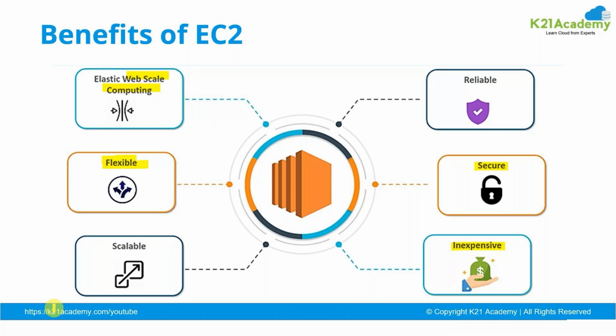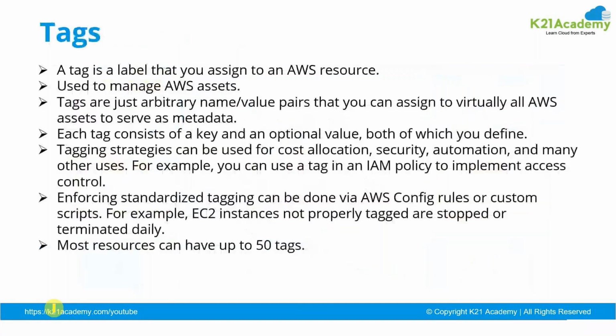Then you will be required to procure the operating system, a rack to keep it, then you need a data center. All those maintenance tasks will be required. But if you take EC2, you are freed up from all these burdens. That's why Amazon calls it inexpensive, because it's actually very cheap.